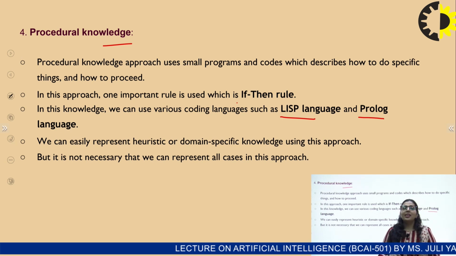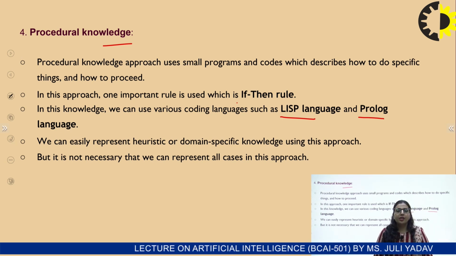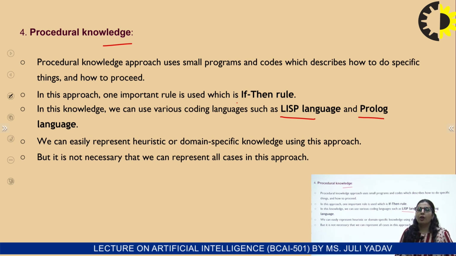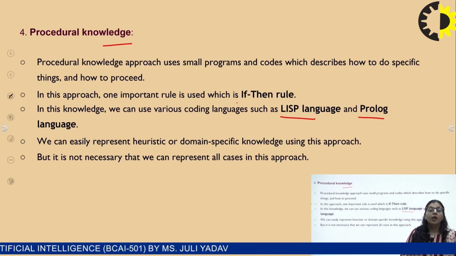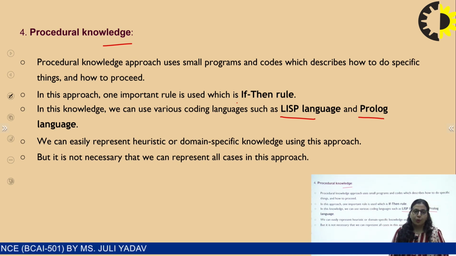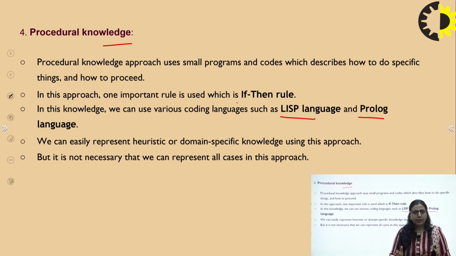So we can easily represent heuristic or domain-specific knowledge using this approach, but it is not necessary that we can represent all cases with it. We cannot represent all kinds of information and data using this approach, because it is condition-action based, right? For example, take an artificial object, or we can say an automatic car.